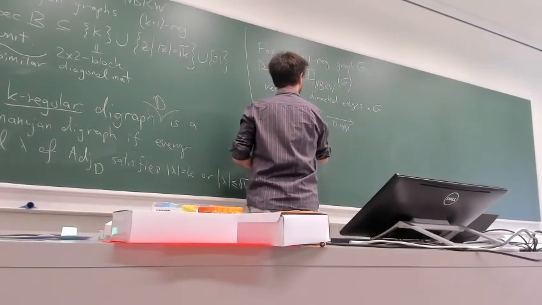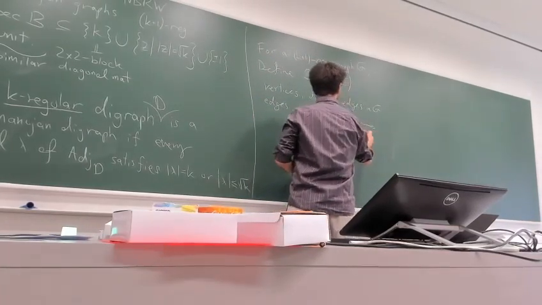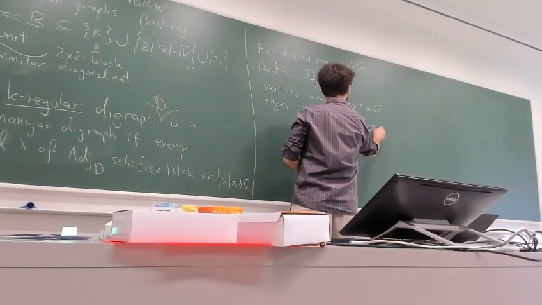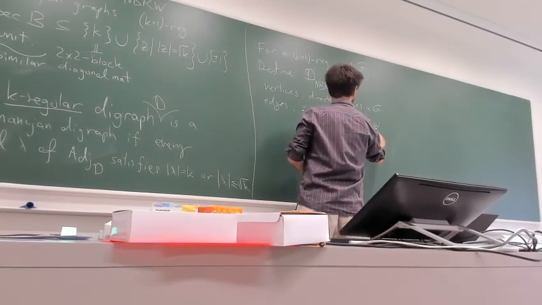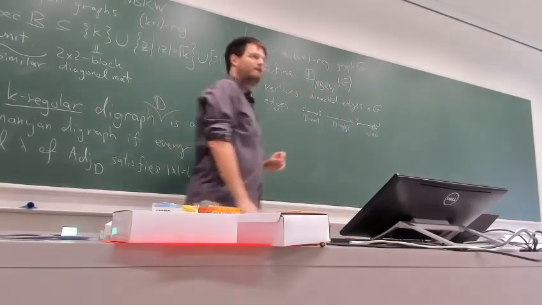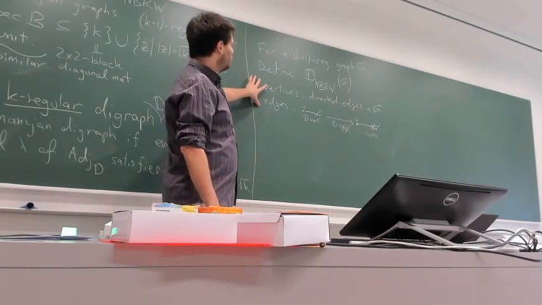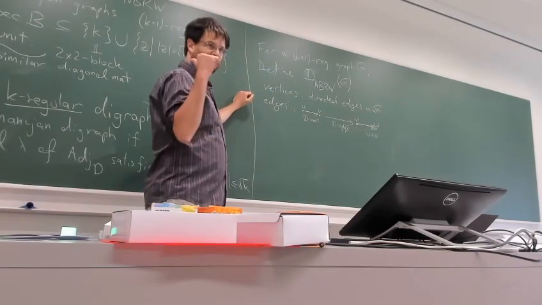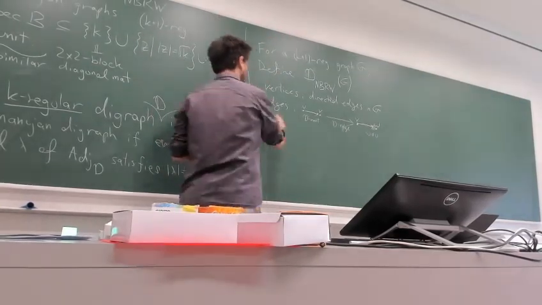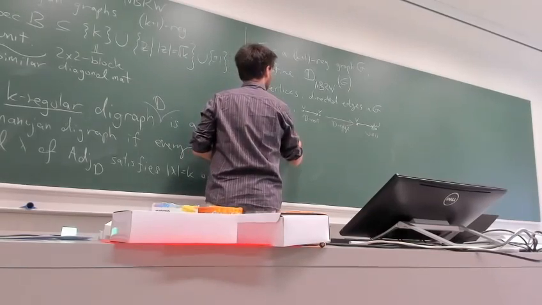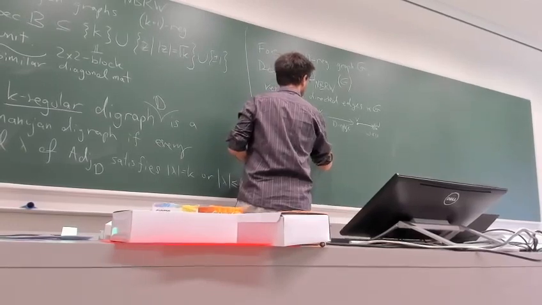You connect it to each vertex of the form VW, where W is not U. So this is a digraph whose vertices are the directed edges of the original graph, and the adjacency matrix of this new digraph is exactly the B matrix of the original graph.